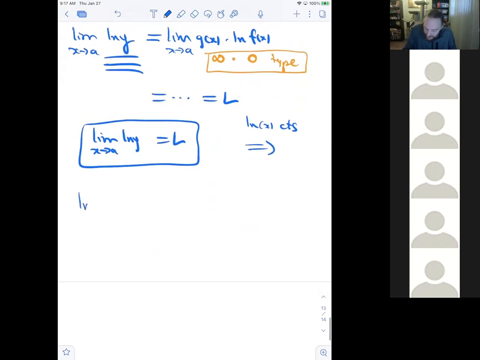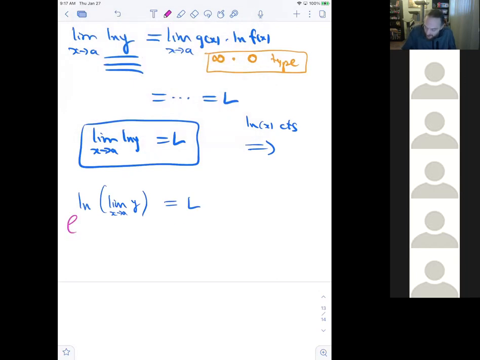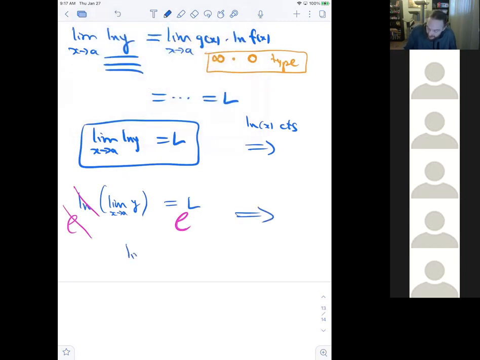Then we can write this as log of the limit as x approaches a of y is equal to L. Then I can exponentiate both sides, cancel, and we get that the limit as x approaches a of y is equal to e to the L.